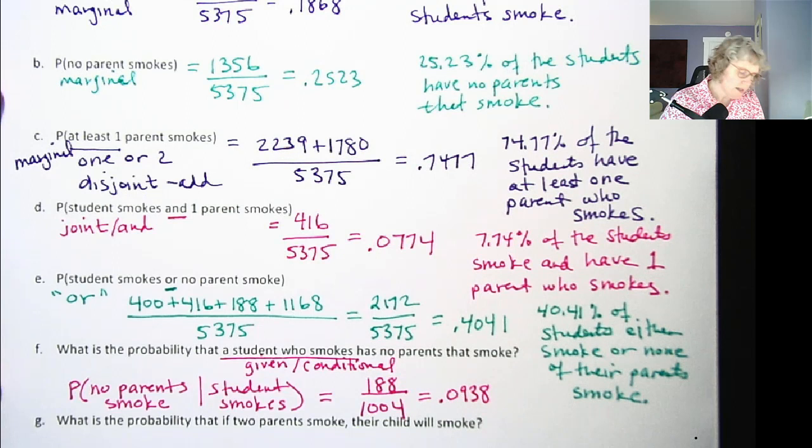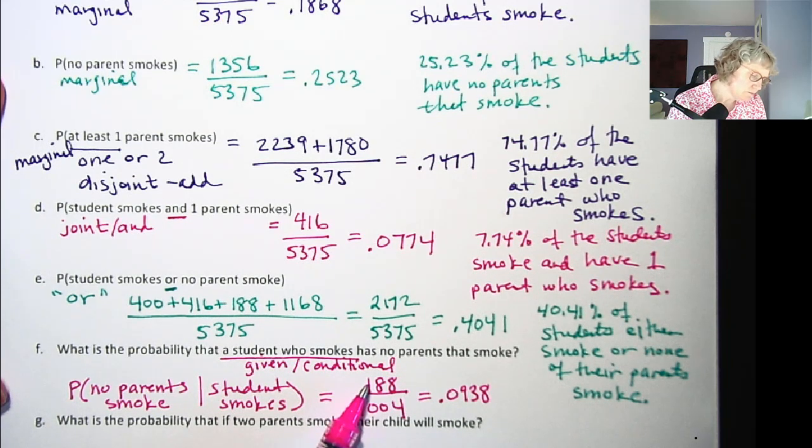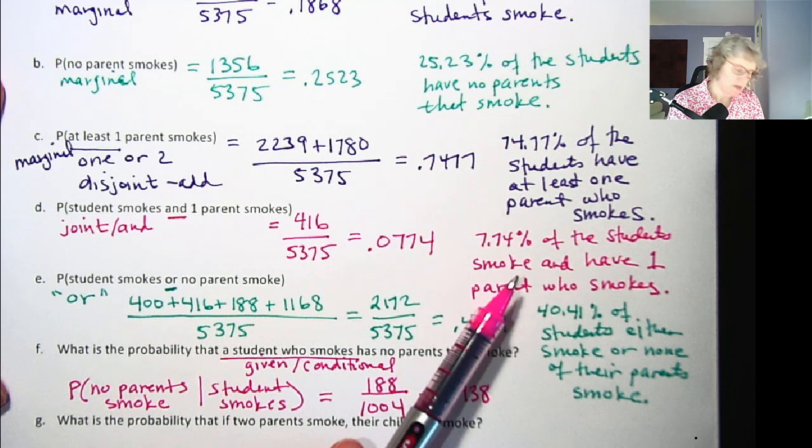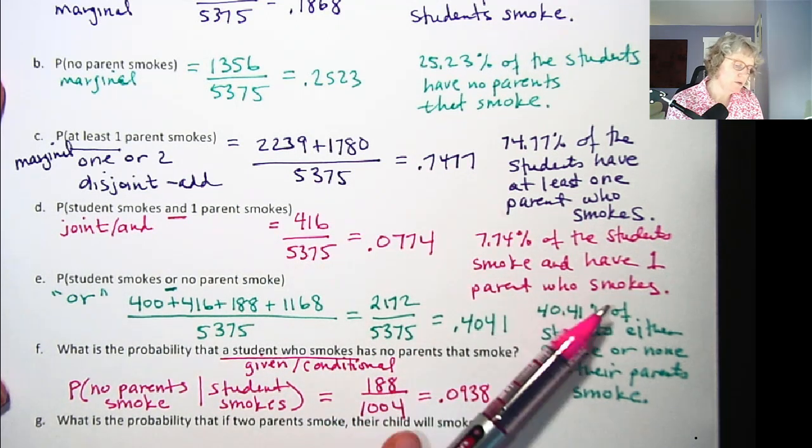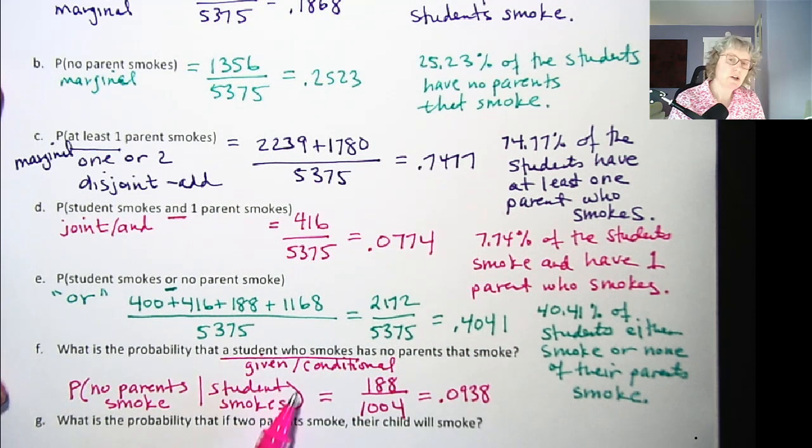Okay, now when you're wording these, be a little bit careful because we have to convey the condition in the wording, right? Versus like the and, where we said 7.74 of the students smoke and have one parent who smokes. So we couldn't use and in here because that would be a different probability. But we could say of the students who smoke, right?